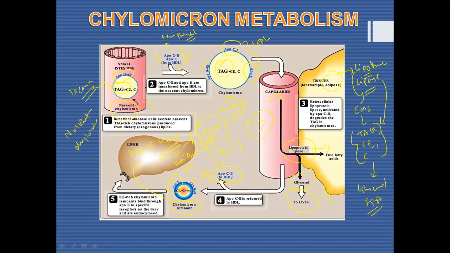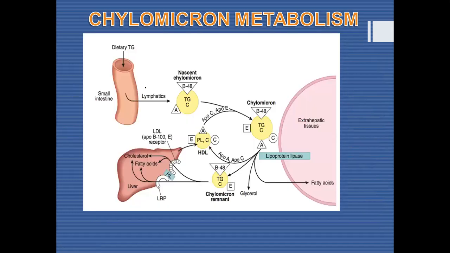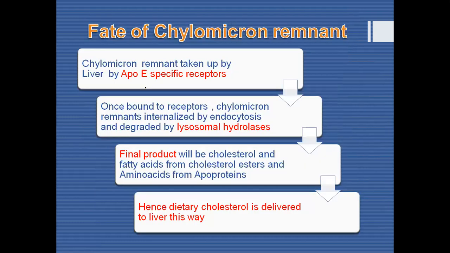And if you apply basic sense and logic associated with the function, then you can easily remember the metabolism of chylomicron. Okay, so this is another way to represent the same cycle of chylomicron. You can also explain the chylomicron cycle by this particular type of flow chart.